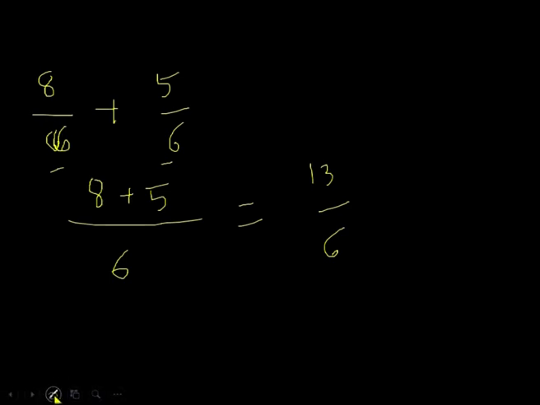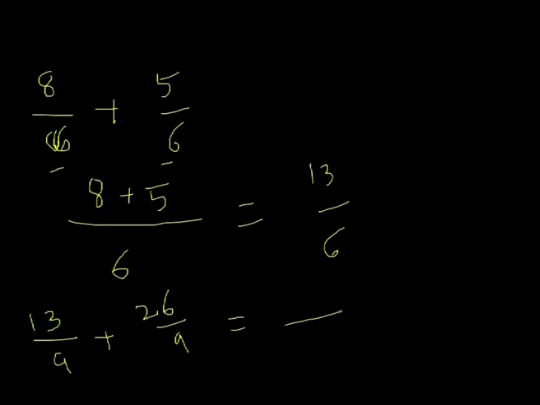See one more problem. You will try 13 by 9 plus 26 by 9. Children, these two are also like fractions. Why? Because they have the same denominators. So these are called like fractions.